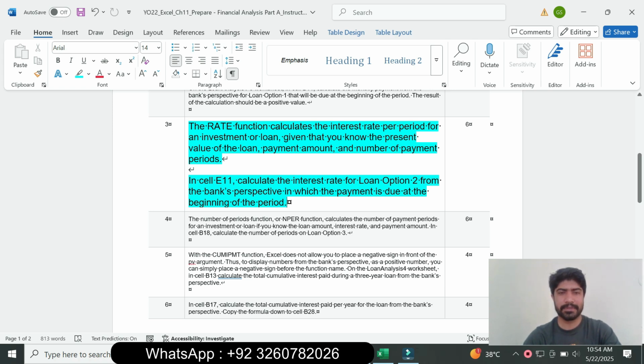In cell E11, calculate the interest rate for loan option 2 from the bank perspective in which the payment is due at the beginning of the period.